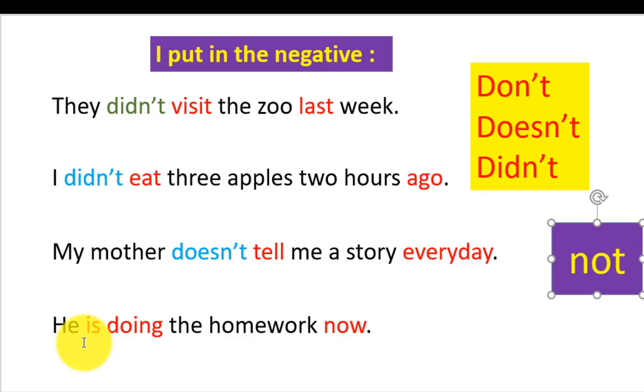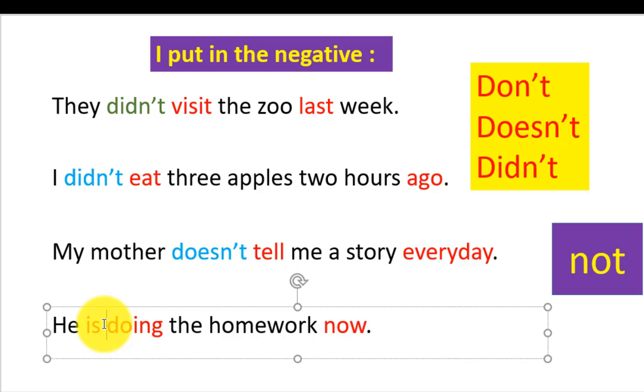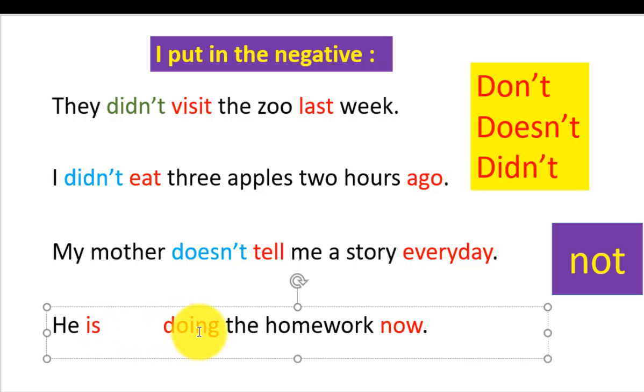Very good. So, how can we put is doing in the negative? Can we say he don't is doing the homework? No. He doesn't is doing the homework? No. He did. No, we cannot say this. So, because we have two parts, we come here and we will add our not. Look here, between is and the ing form, we will write not.